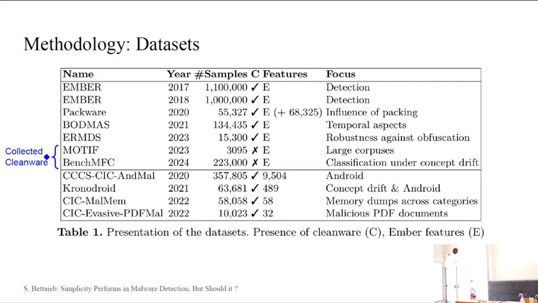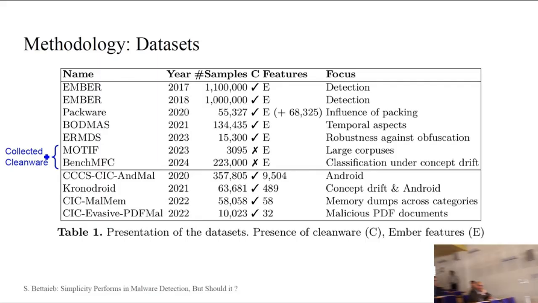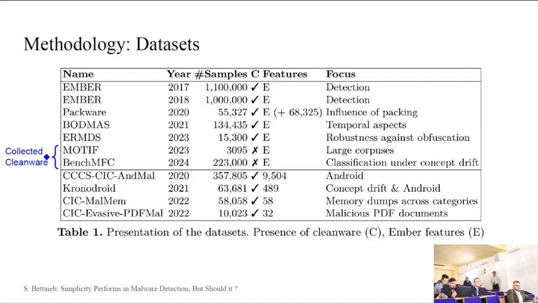Maybe I did not understand the question. They use different features, as if you are comparing apples to oranges. So I think what you are saying is, you create a different model for each dataset. Yes. And all of the features that are used are here. So the Windows datasets use all the Ember features, the same 2,381 features.